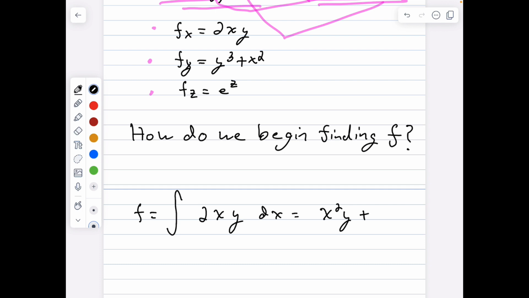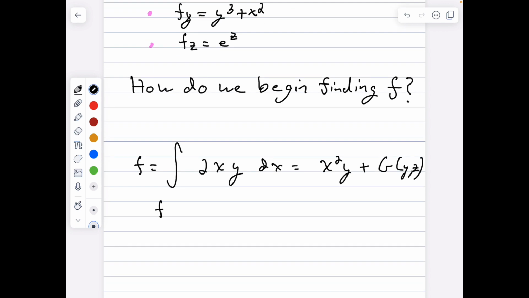So in this case, I'm going to have a function made out of y and z. The reason for that is because we're taking the derivative with respect to x. Anything that does not have an x in it, when you take its derivative, would go to 0, it would go away. So that's why we add that on.